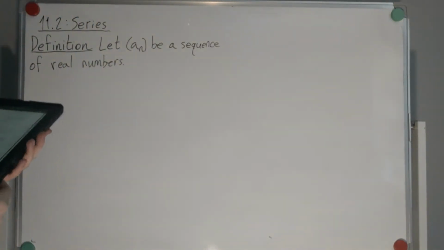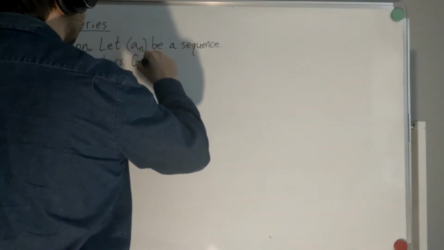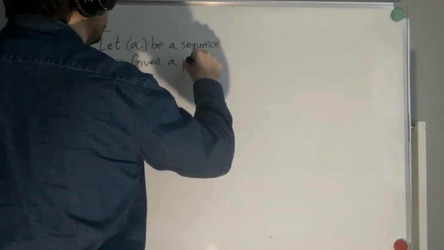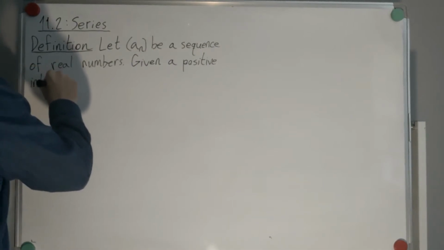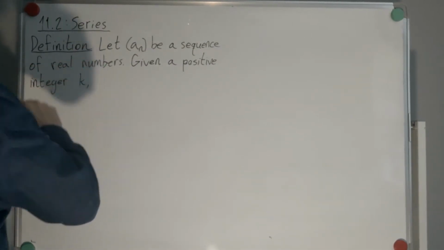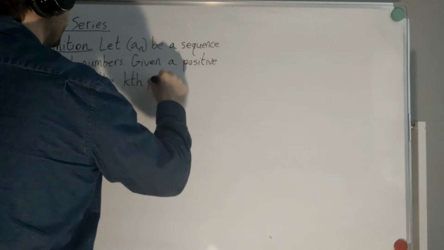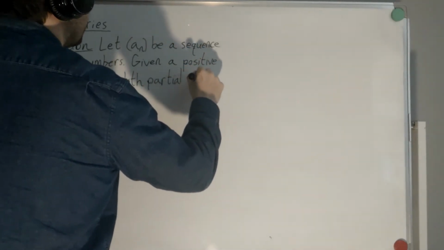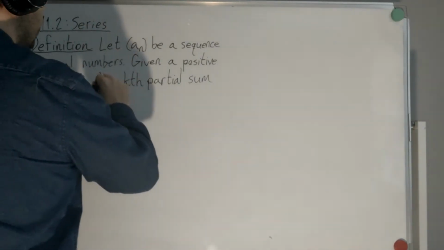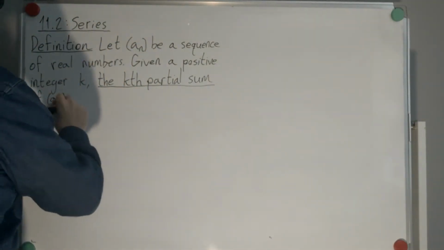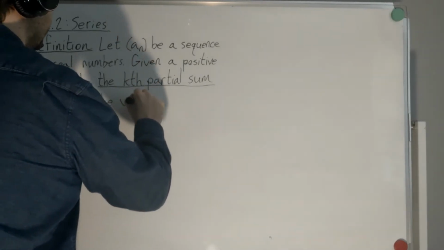First thing we need to do is define what we mean by a partial sum. So, given a positive integer, let's call this positive integer k, the kth partial sum of the sequence a_n, this is the value, which is often called s_k.